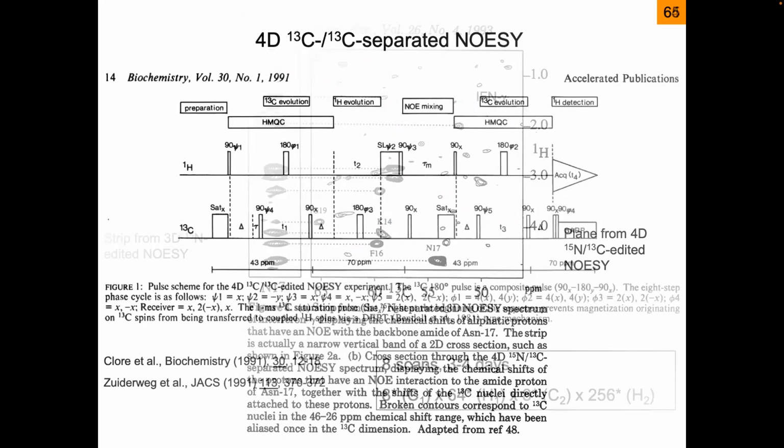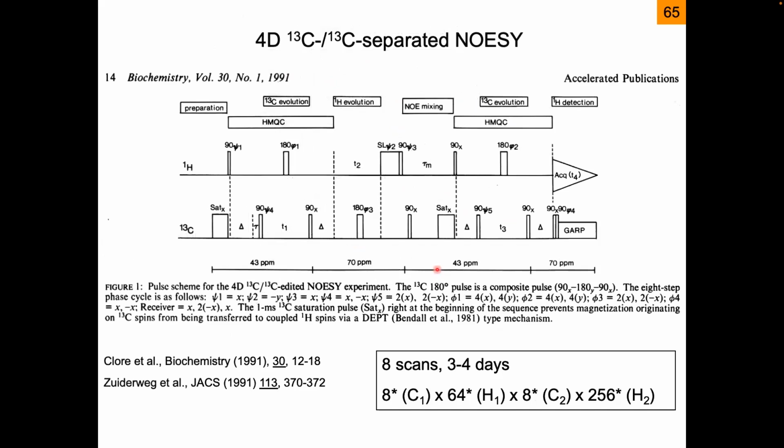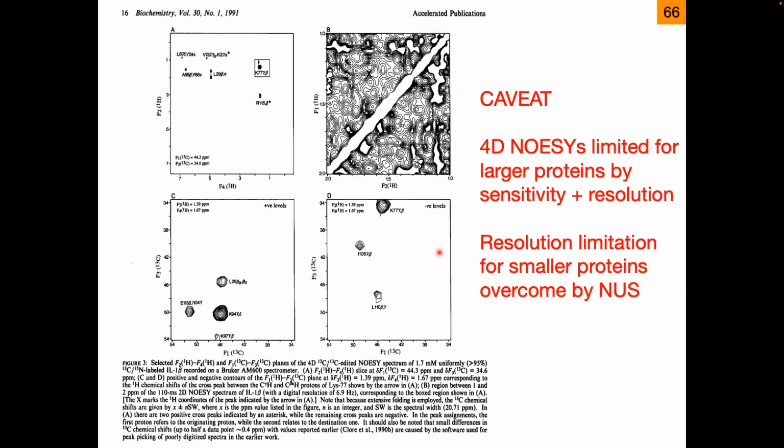The same thing can be done with carbon-carbon edited NOSE. All the problems come because, of course, you need more increments. This takes more time. Sensitivity is getting lower, but it can be really quite astonishing how much more resolution you get here. This is a paper by Marius Clore, and you see here, for example, a plane from such a 4D carbon-carbon NOSE.